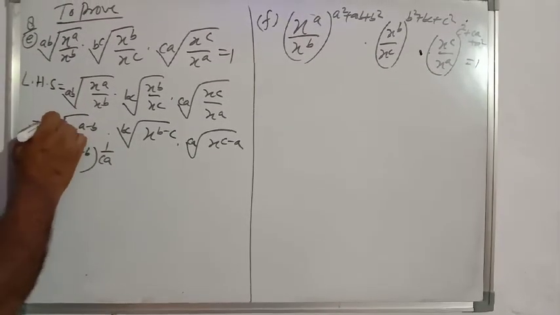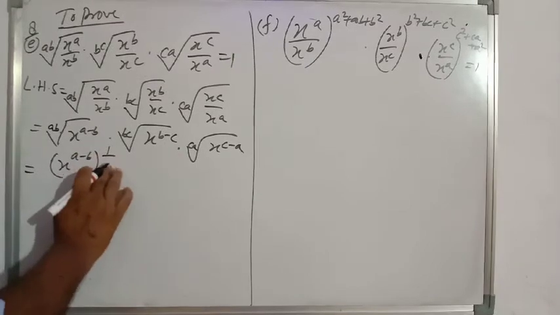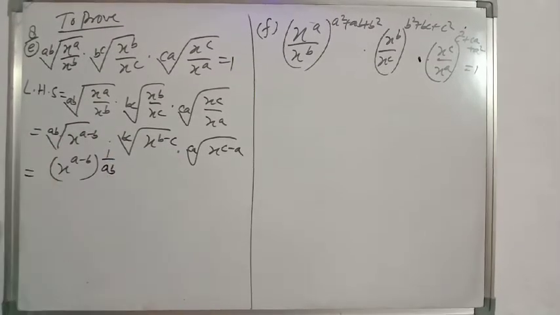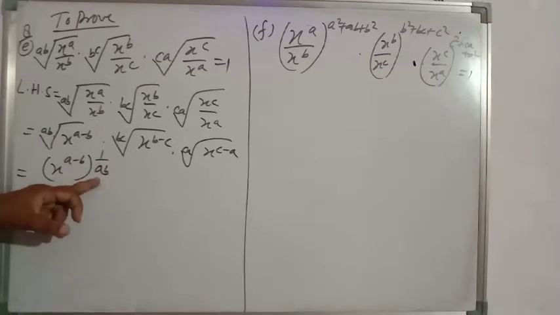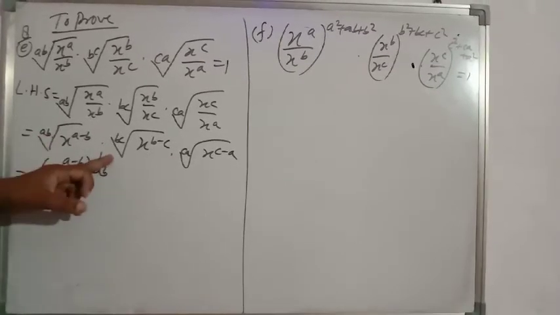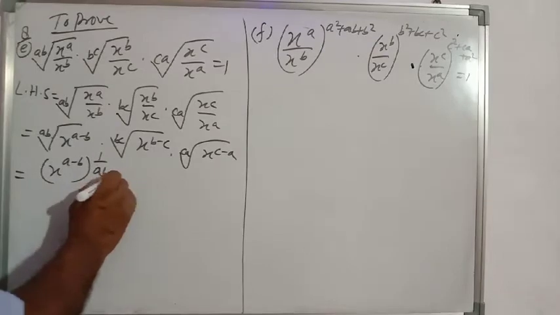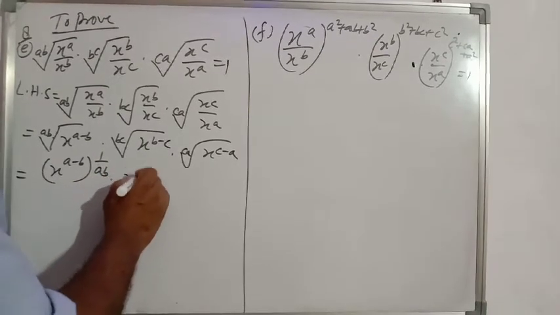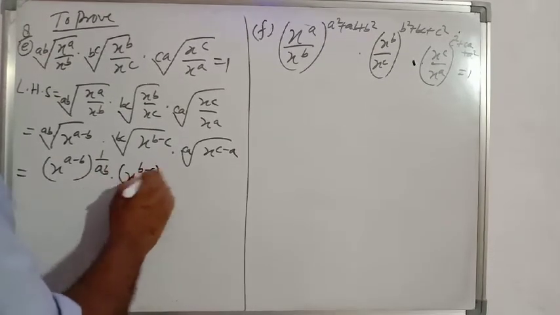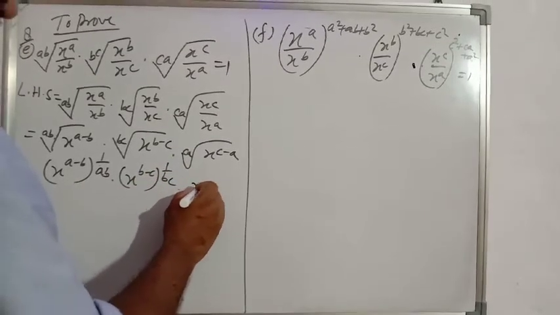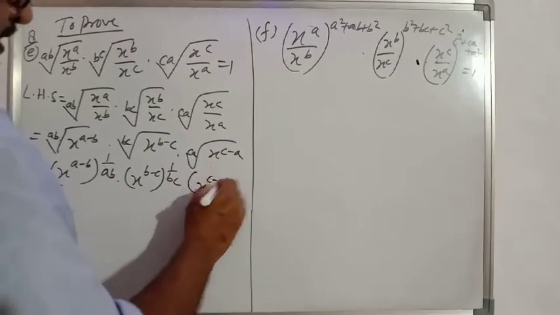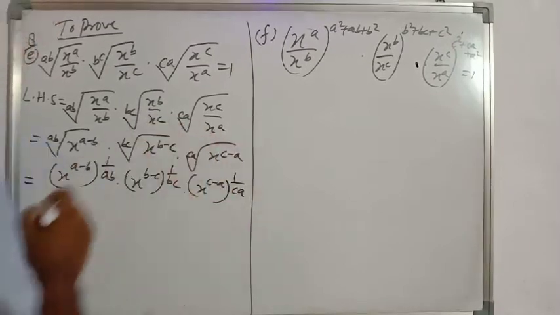Sorry, it is ab, not ca. Next, x to the power b minus c, whole to the power 1 by bc. And third one, x to the power c minus a, to the power 1 by ca.